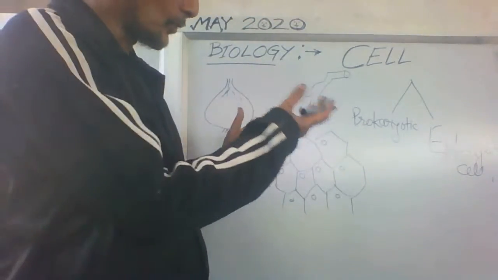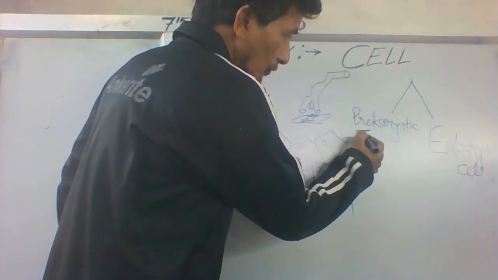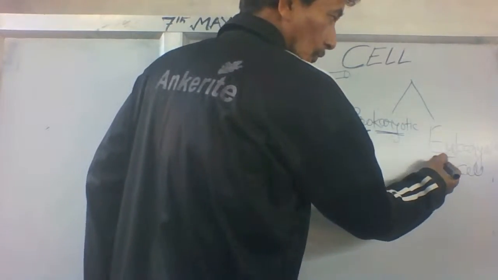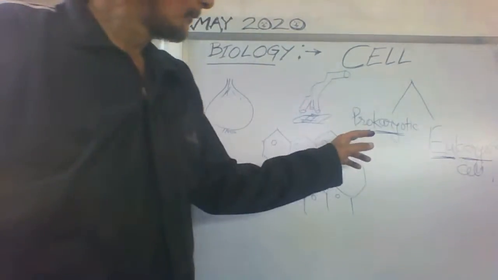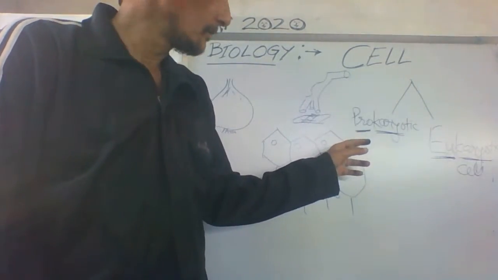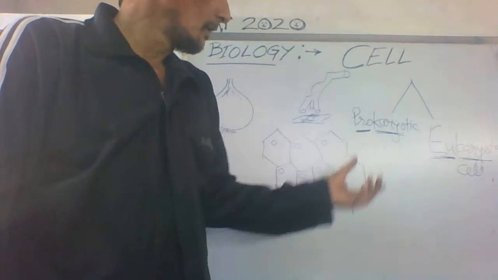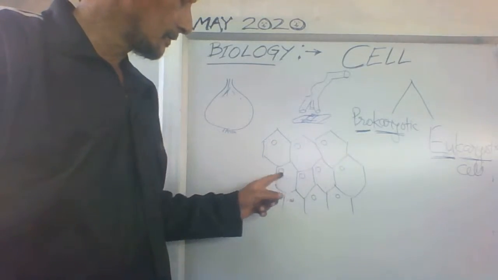I am dividing this into two parts. Prokaryotic, eukaryotic. Okay. Pro means primitive. Karyon means nucleus. I made a nucleus in every cell.